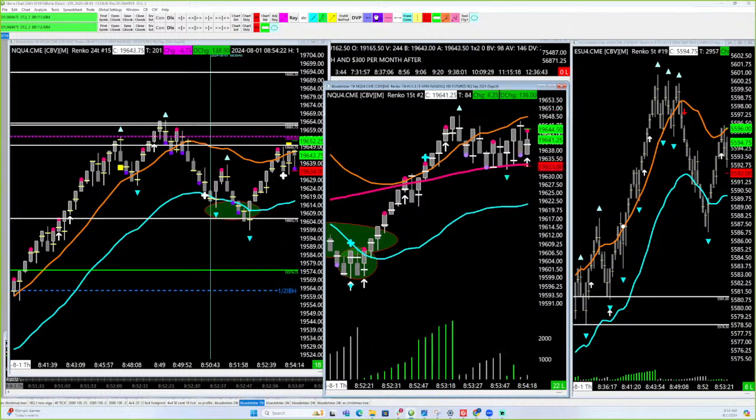By the way, I'm not opposed to the shorts today, one way or the other. Nasdaq's up 134, ES is 35.75.